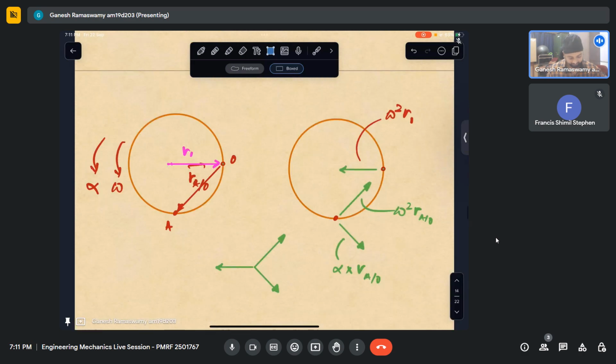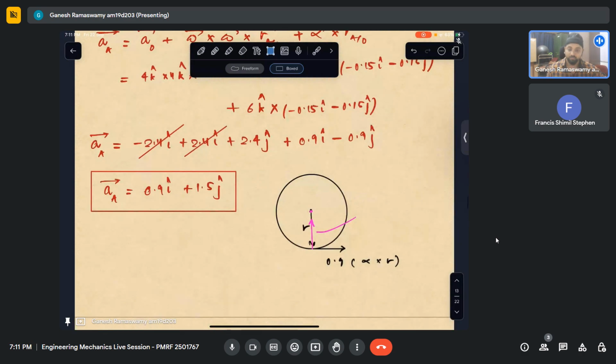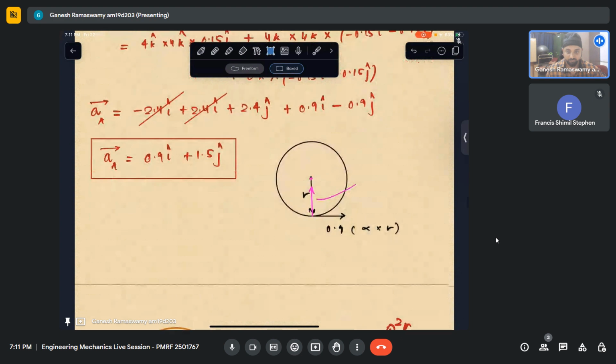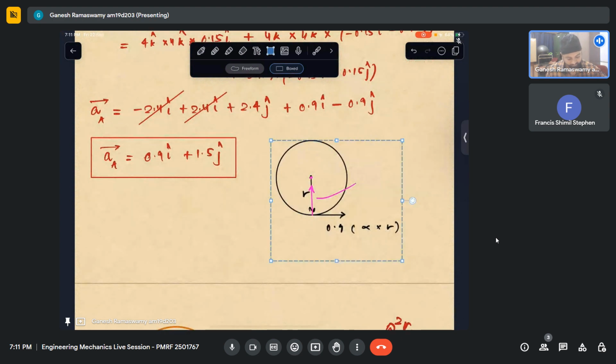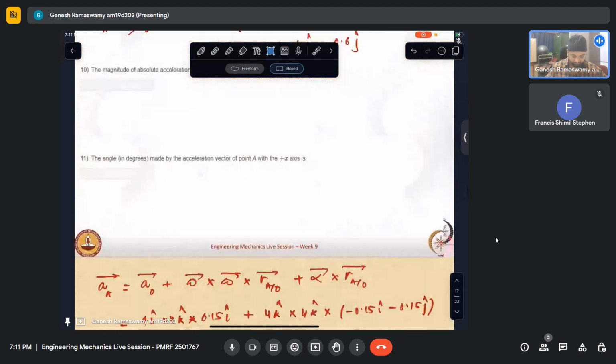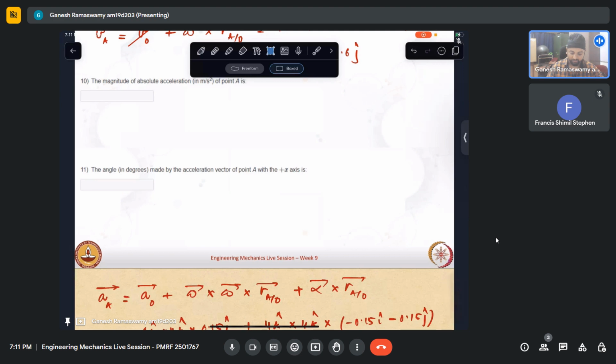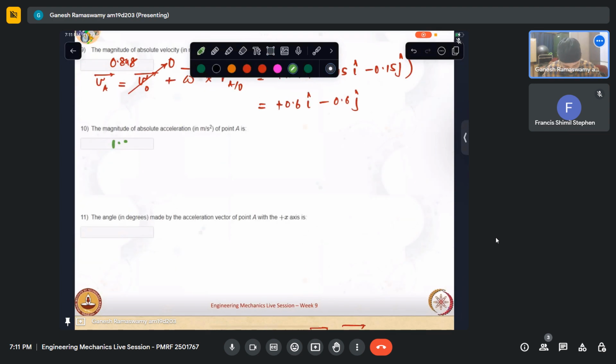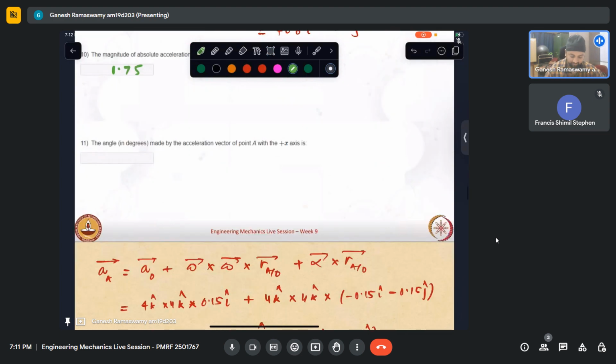Okay, yeah. So that acceleration has come out to be 0.9 I plus 1.5 J. And the magnitude is asked. So I'll just take it 0.9 I plus 1.5 J. So this comes to 1.75. Now the angle that is made by this acceleration vector of A with the positive x-axis is asked.